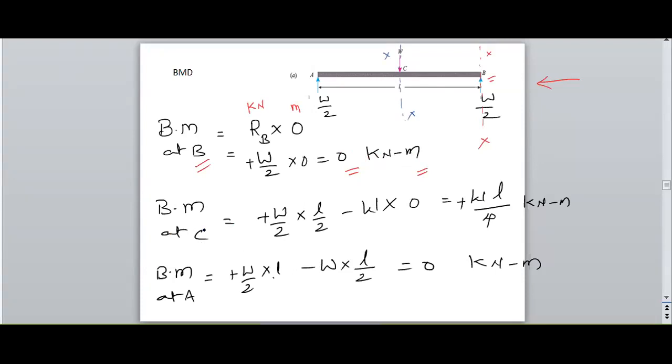Therefore, the bending moment at C. Now the section is at C. I need the forces on my right hand side of my section. So I have two forces.